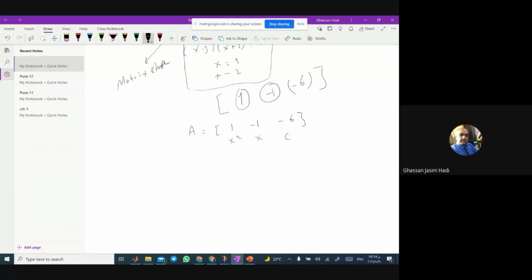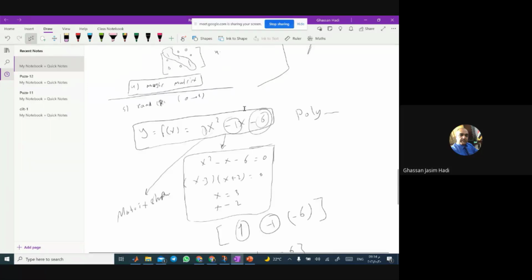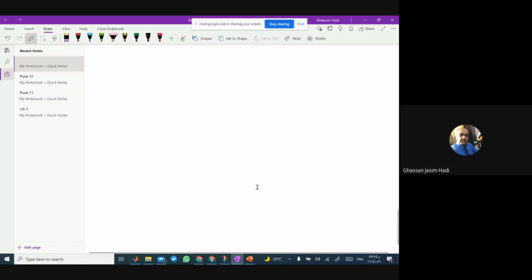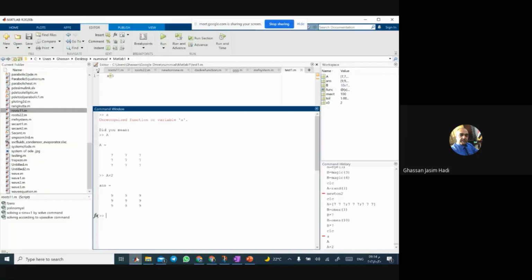Now let's apply the same question. Let's apply it in MATLAB. Now just say A equal 1 minus 1 and minus 6, sorry.